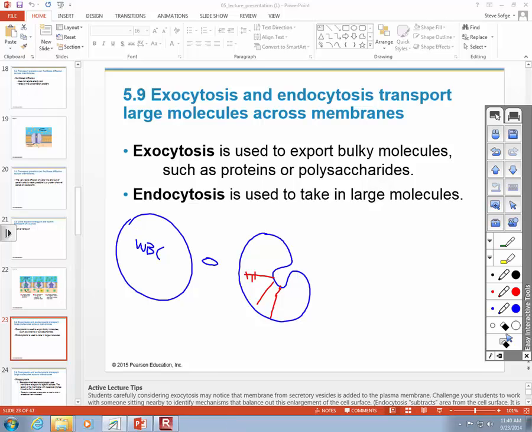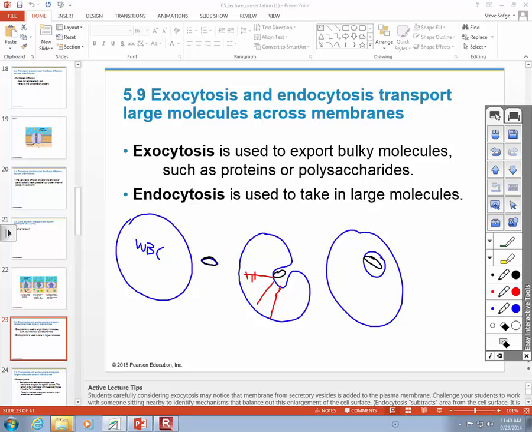So then that bacterium, which I'll do in a different color, gets engulfed into there, and then what you end up having is a white blood cell that has a vesicle, again, what I call a membranous bag, with a bacterium in it.